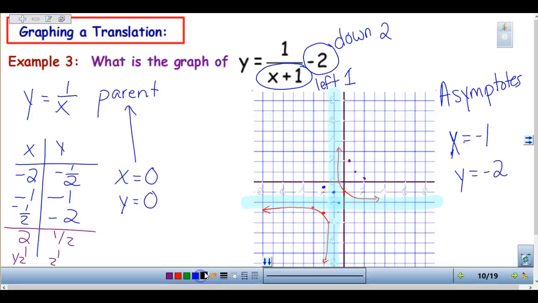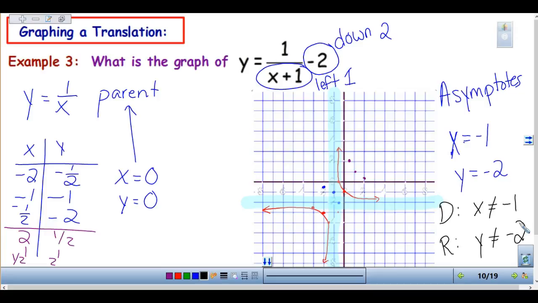Now, if those are my asymptotes, what's my domain? X does not equal what? -1. And the range then is not equal to -2, whatever the y value is. If I move down 2, not 1, that's what you're going to get. So what you might want to do is draw these asymptotes first, and that's what we'll do on the next one, and then draw your curve.